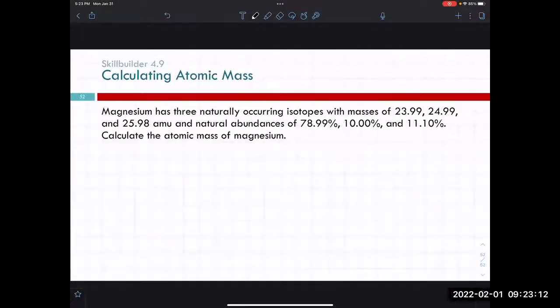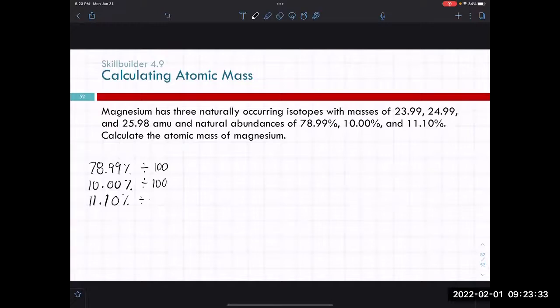So I think first thing I'm going to do is I'm going to write these 78.99%, 10.00%, and 11.10%. And we want to convert these to the fractions, to proportions. So we'll divide each of these by 100.